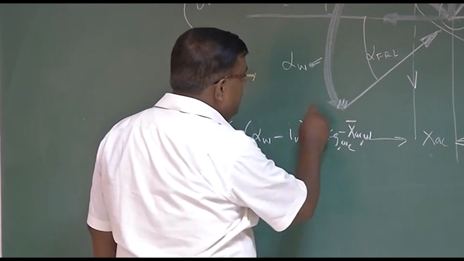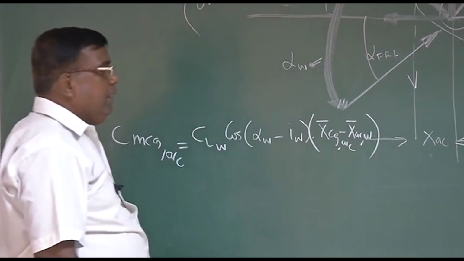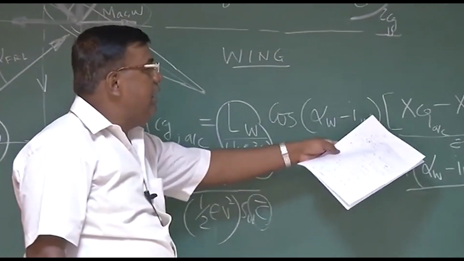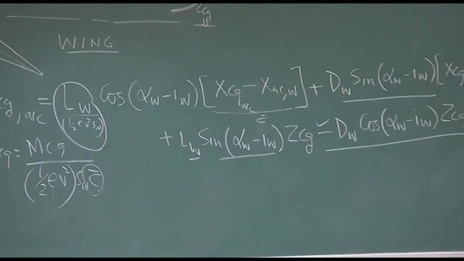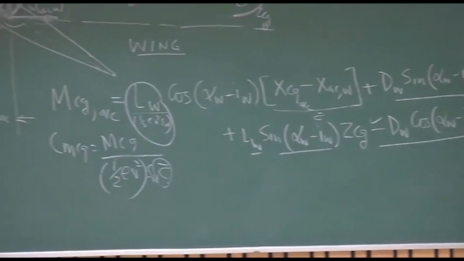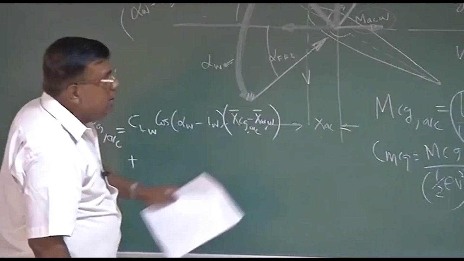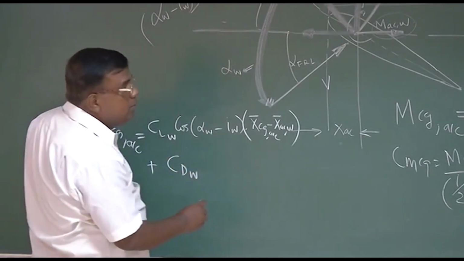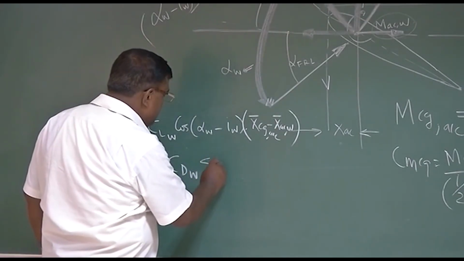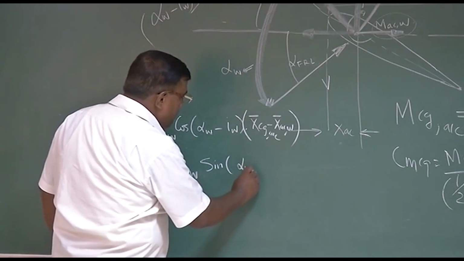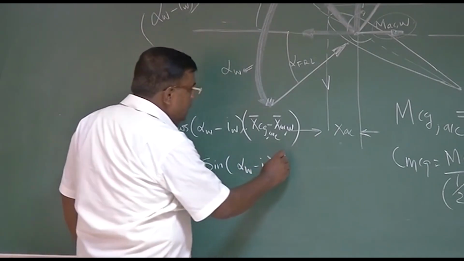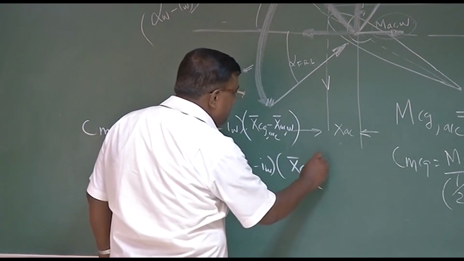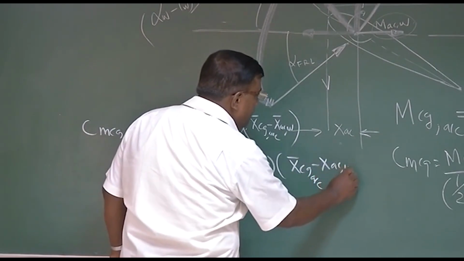I am putting bar because now they are divided by C bar. Similarly, the second term, I will get plus CDW into sine of alpha W minus IW into X CG aircraft bar minus X AC wing bar.